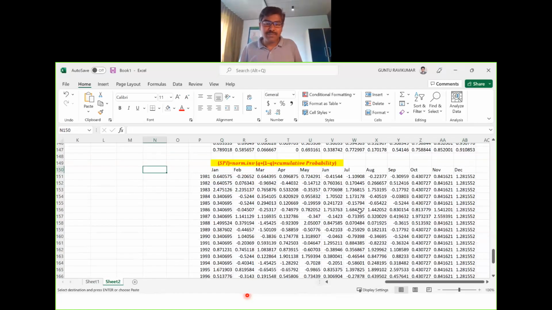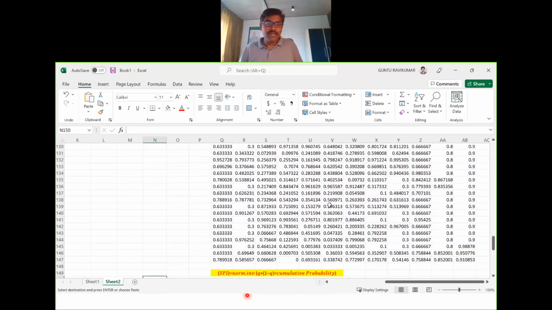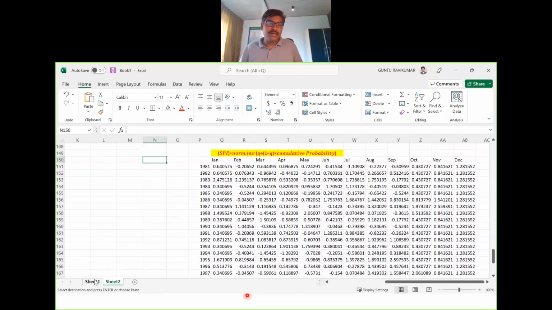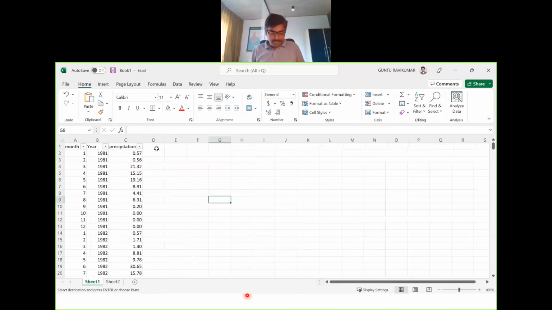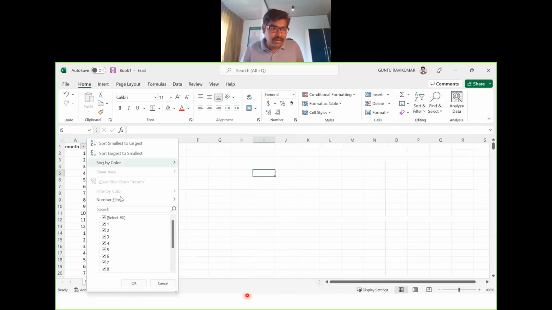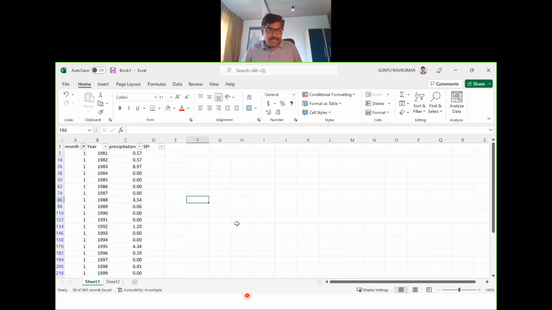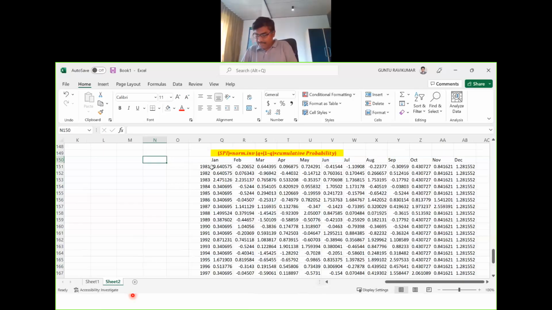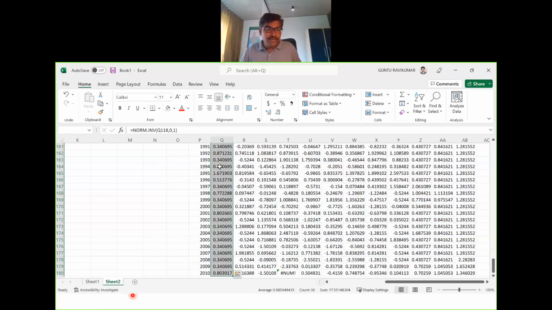So finally we achieved the SPI values for the monthly data. Now here you can simply copy SPI here. To do that, I told you to select filter. So select the filter, and then select the month here, say select 1, and then copy these SPI values of January.